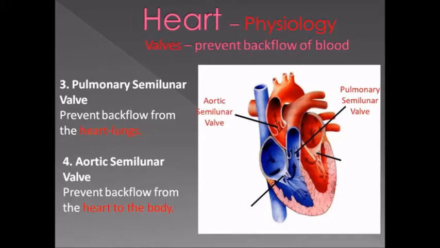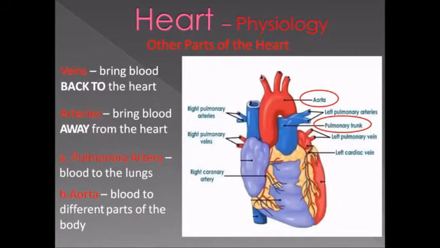The pulmonary semilunar prevents backflow from the heart to the lungs, and the aortic semilunar prevents backflow from the heart to the body.